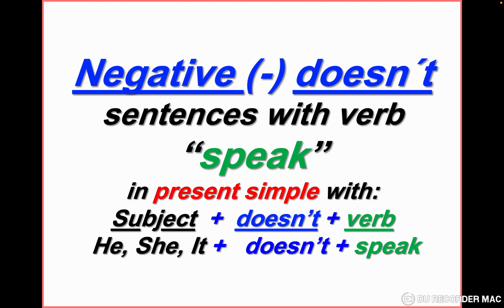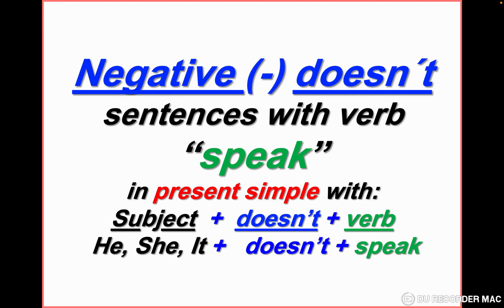Why? Because we have doesn't. The students say, oh, the verb with he, she, it takes s, so why doesn't it take s here? Because there is the word doesn't. When we have doesn't, the negative form, the verb remains in the infinitive form without any s.